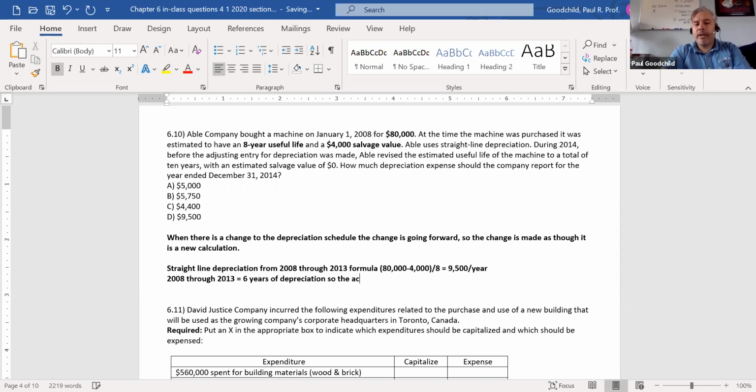So the accumulated depreciation is 9,500 times 6, which is equal to 57,000.